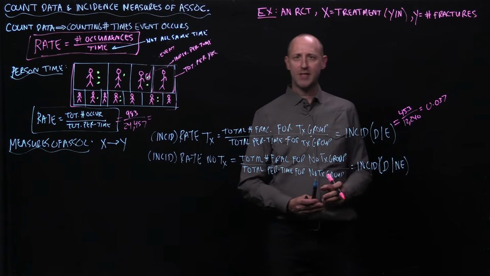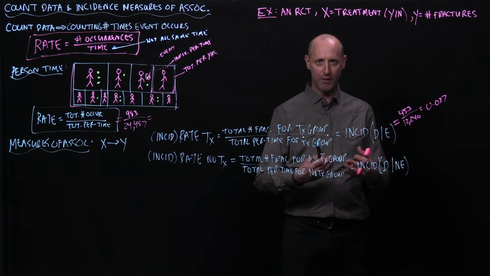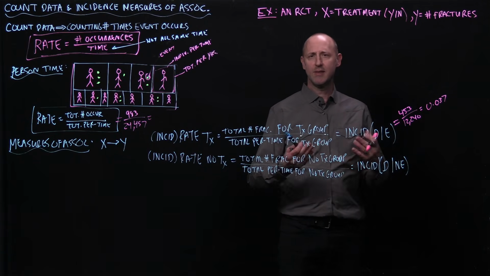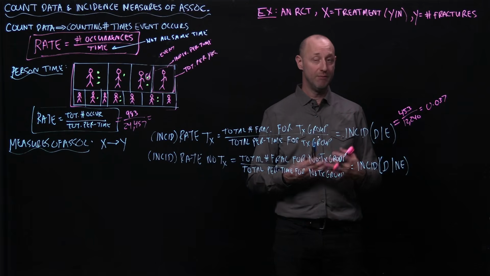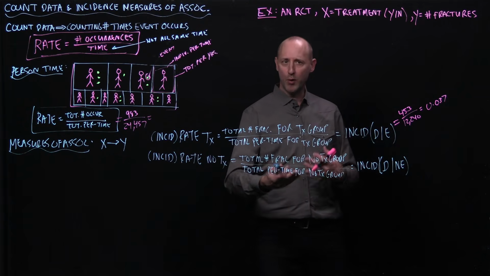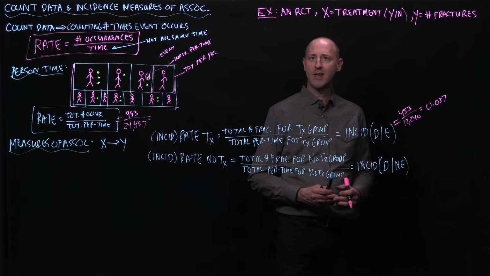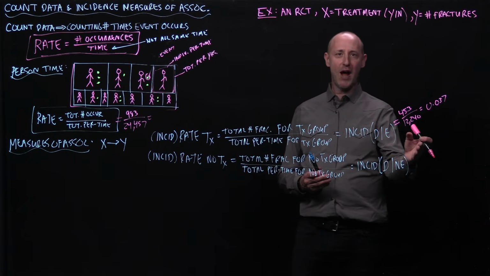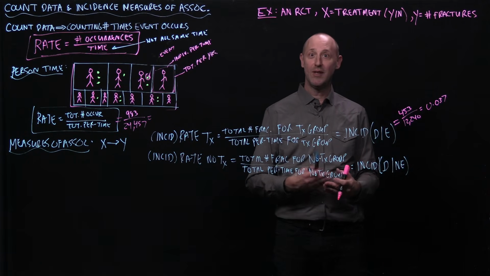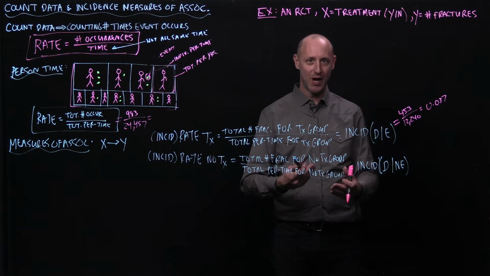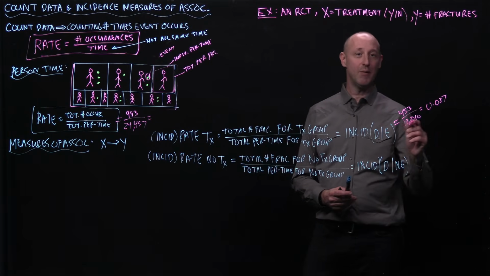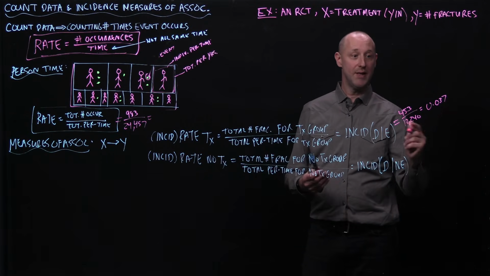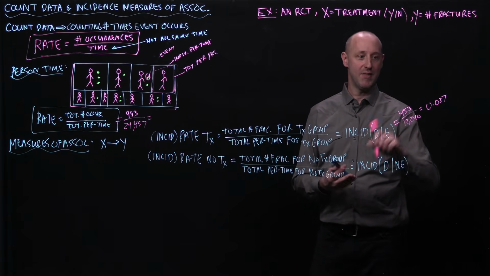Okay, now one thing with rates, especially when there are events that don't occur very frequently, like say if we were counting the number of times someone visits a physician in a year, people will go multiple times, right? So we can say someone went 2.5 times per year on average. But something like a fracture, this doesn't happen very often, and if it does, you don't tend to have multiple fractures in a year. Okay, so one thing we can do is multiply this, let's say in this example, by 1,000.